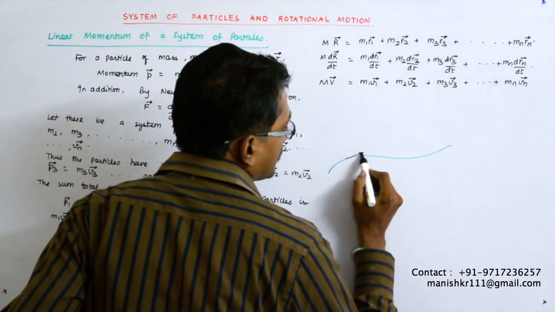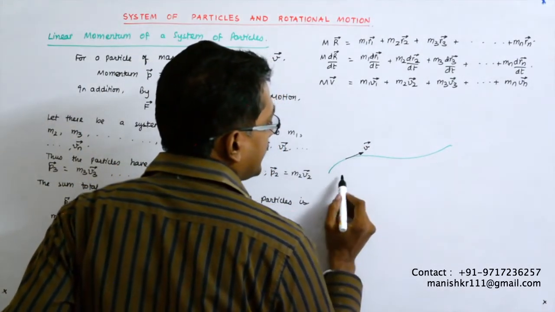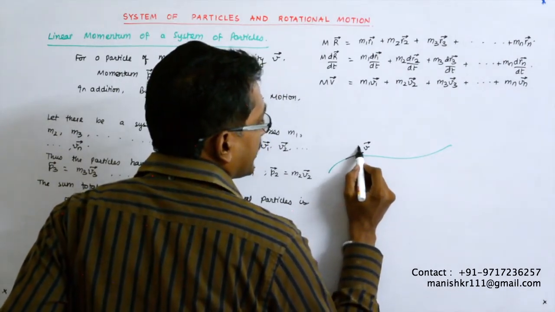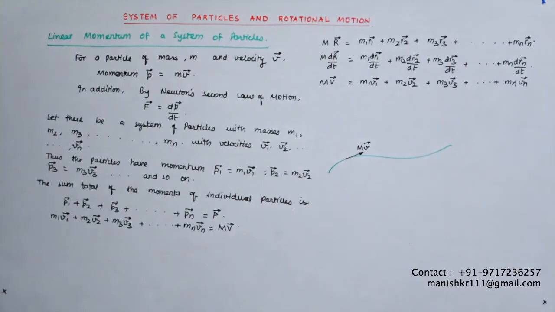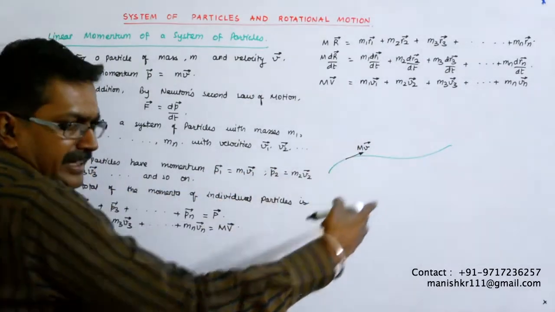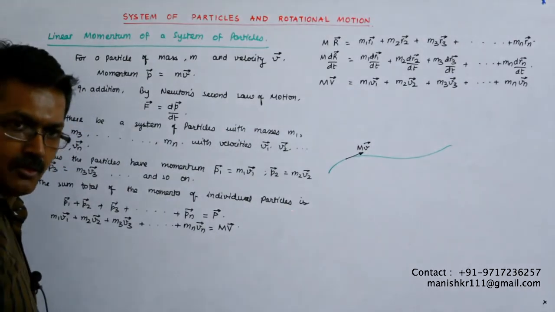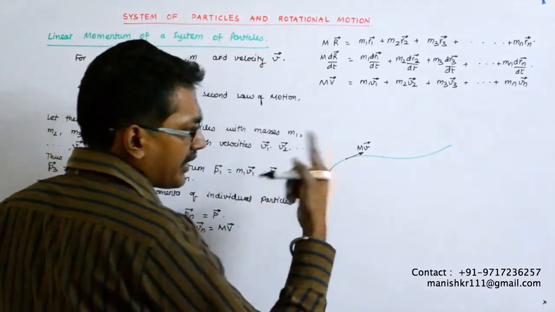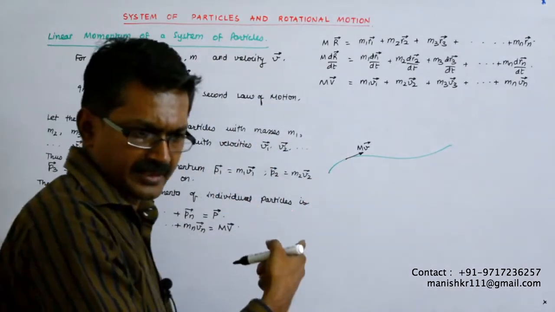I have to see this vector v and multiply it by m. So momentum at all these times, because the green is the trajectory of the center of mass, the center of mass is going like that, and the computer will be able to give you the magnitude of this velocity at this point of time.